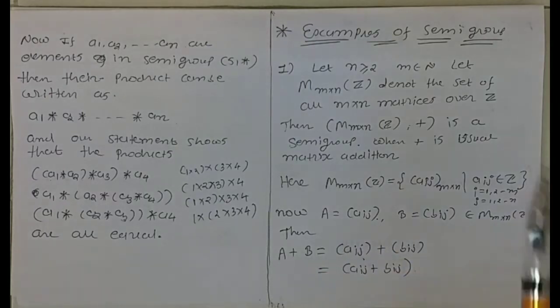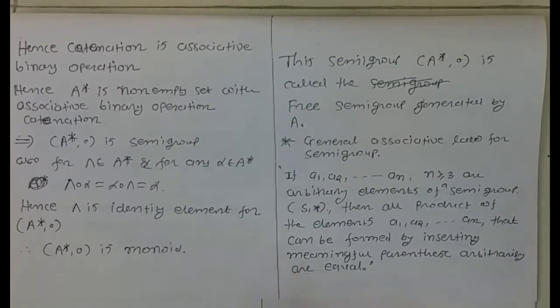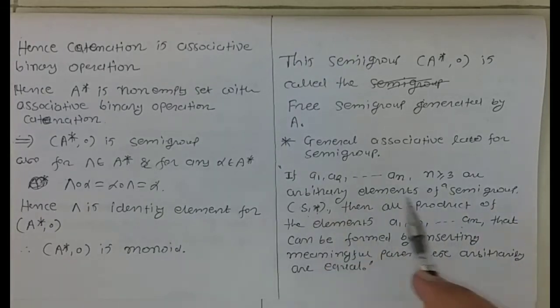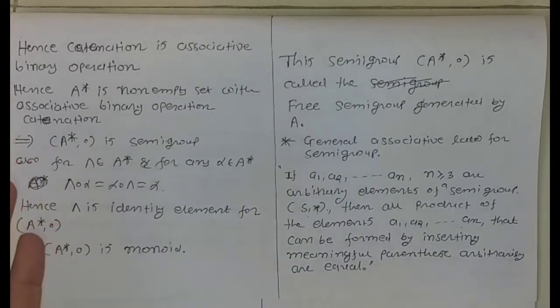So this is the general associative law for the semigroup, that is, for a finite sequence, minimum number of 3, of the symbols or elements of the semigroup S star, all the products of these elements a1 a2 up to an that can be formed by inserting meaningful parentheses arbitrarily are all equal.